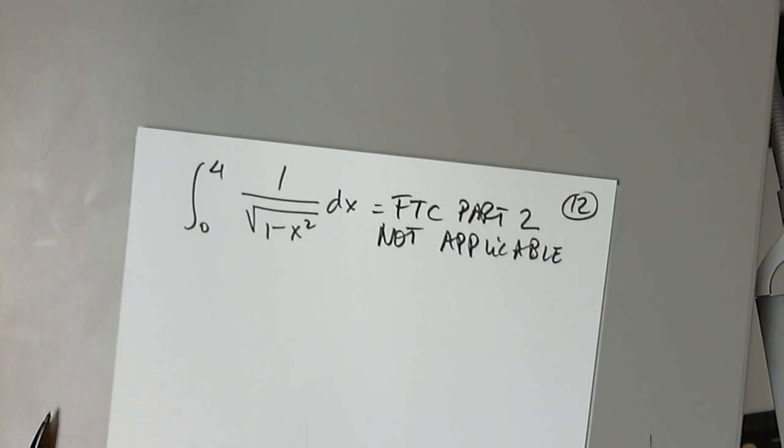Why is it? Because if you plug in 1, you get 1 over 0, and 1 is in the interval, as an example. Yeah, the function is not continuous. So first of all, you cannot even plug in 2. Even if you plug in 2, you're in trouble because it's 1 minus 4, which is negative 3, and the square root of negative 3 is not a real number.